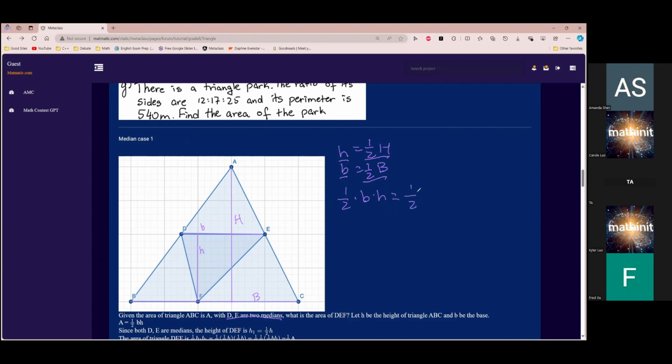So that would be half of b and half of h, so you know right now that that would be a quarter of b times h over 2. So if you say that triangle ABC's area is A, then that means the area of DEF is 1/4 of A. Any questions? We're good. Okay.